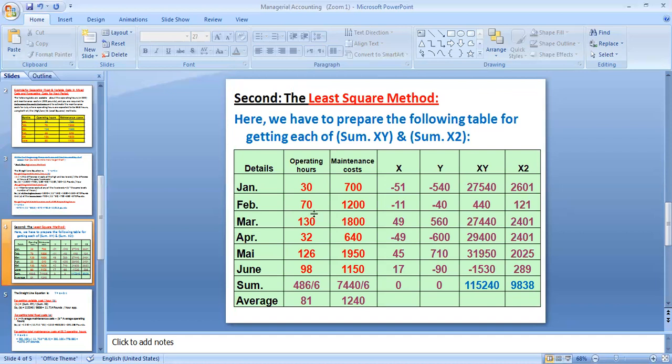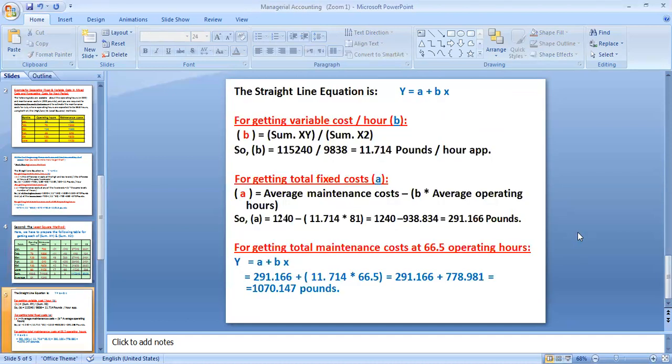I have the average of the hours and the average of the cost. So multiply the 11.714 by 81 and deduct the result from 140 to get the fixed cost. That's why A equals average maintenance cost minus B multiplied by average operating hours.